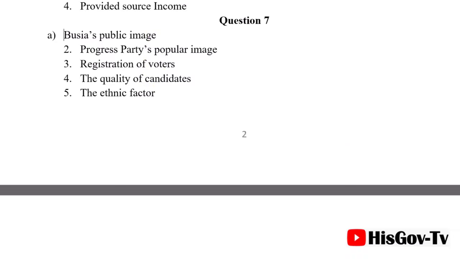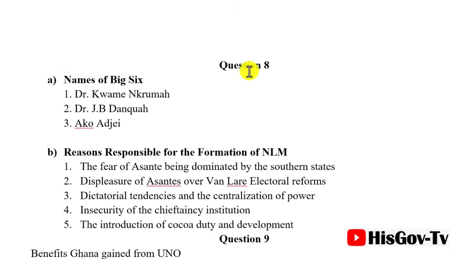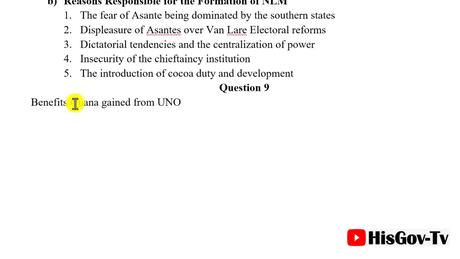Then number 8, the last but one. Names of the Big 6, we have some of them here. Reasons responsible for the formation of NLM, we have it also here. Then question number 9, benefits Ghana gained from UNO. I want you to go and find that for yourself.